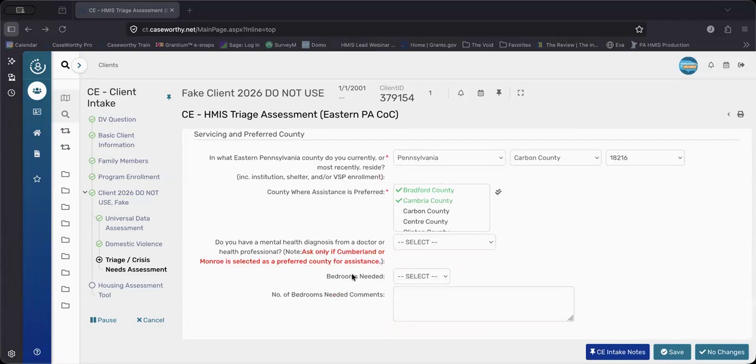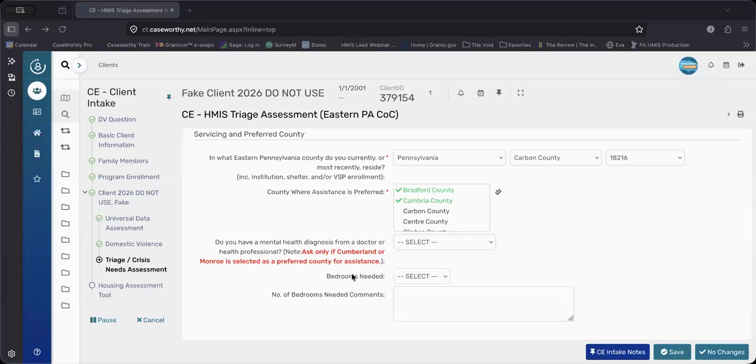We are now at the point where we only have two housing programs that are HMIS participating, one in Cumberland County, one in Monroe County, where a mental health diagnosis is required, and specifically a diagnosis from a doctor or health professional. So that question has been moved into this section.